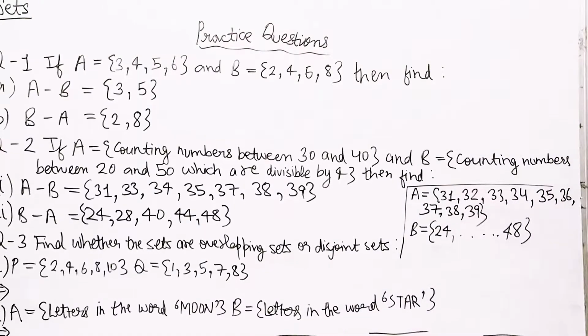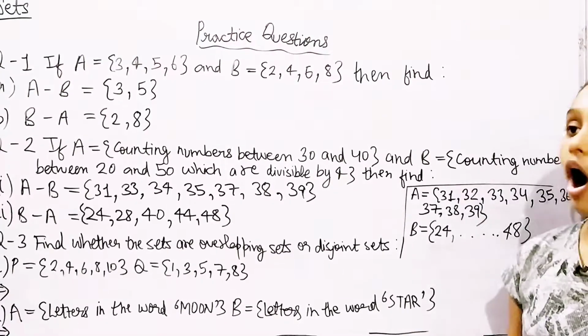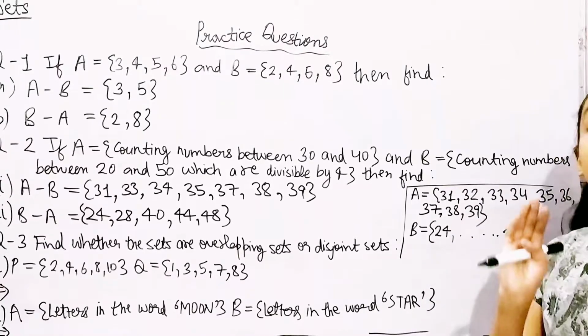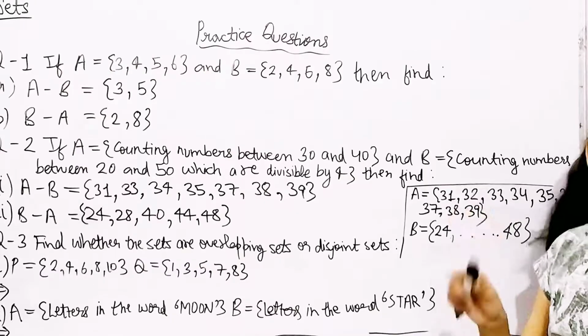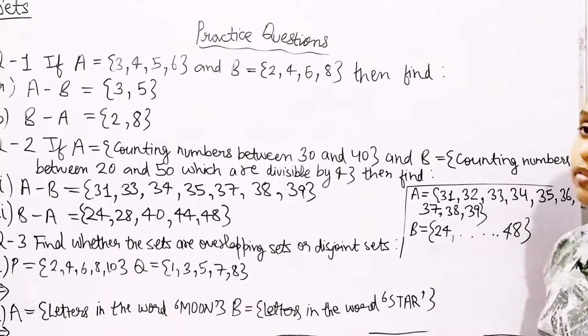Element 5 will be in the overlapping set, and element 1. So the overlapping set of A and B is equal to 1 and 5. That's it, because we have nothing else common.